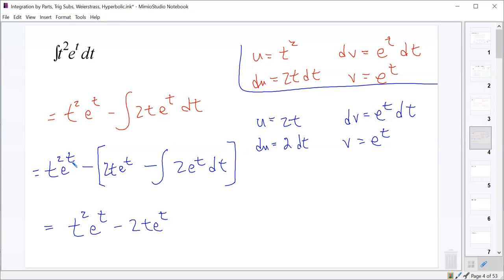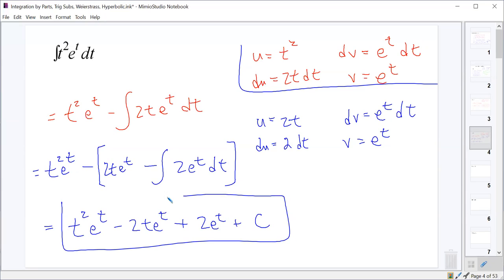So we got t squared e to the t minus 2t e to the t, and then this minus gets distributed to this minus, which makes it a plus. And what's the integral of 2e to the t? 2e to the t. Plus 2e to the t plus a constant. Good or no?